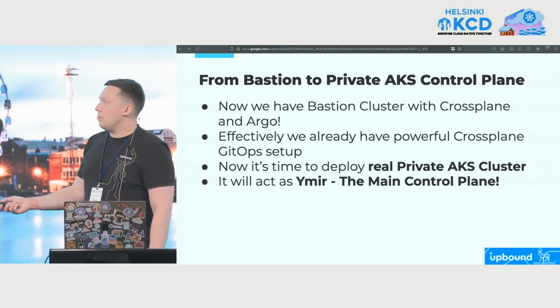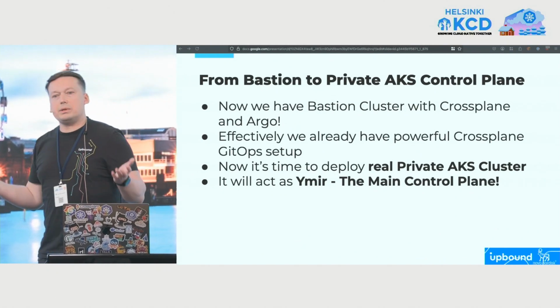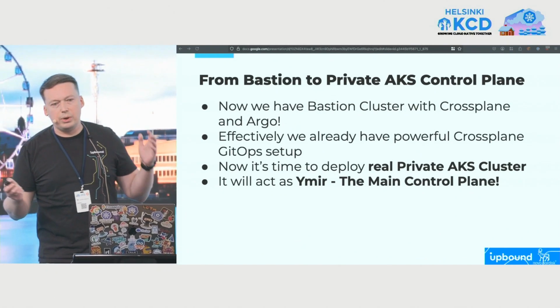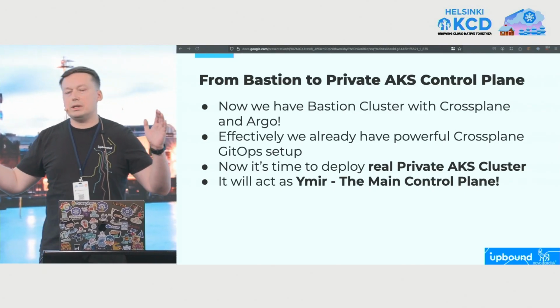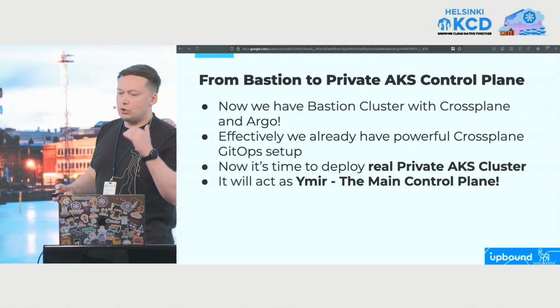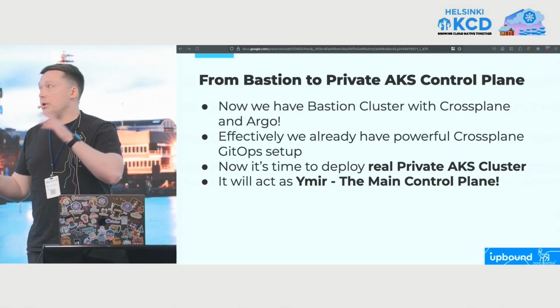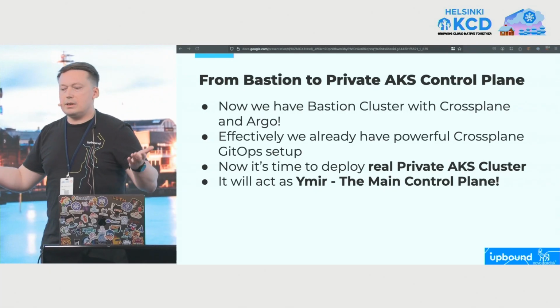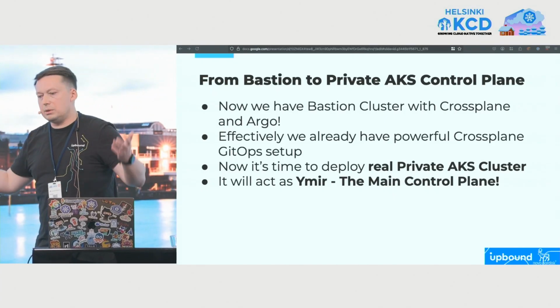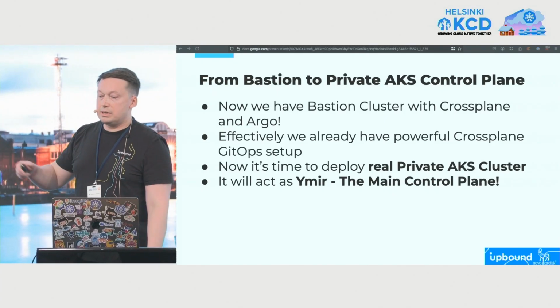And now, when we have a fully GitOpsified Bastion setup, everything is ready to deploy a real control plane, a real private AKS cluster, because we already have a bootstrap environment on top of this private network. And by real, I mean it will be full-fledged AKS cluster with a separate Kubernetes control plane and multiple highly available nodes. So something that is ready for production.